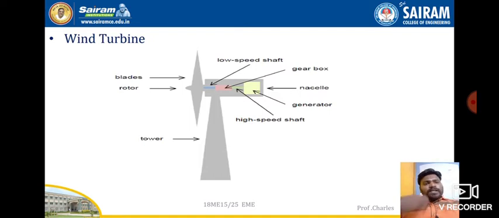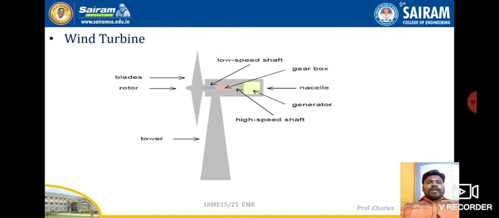There are different types of sources of energy which come under renewable energy. Already we have seen solar energy, and under solar energy there are three types: solar flat plate collector, solar pond, and photovoltaic cell. Those are the examples for thermal energy, electrical energy, and chemical energy. And then we have seen the wind turbine.